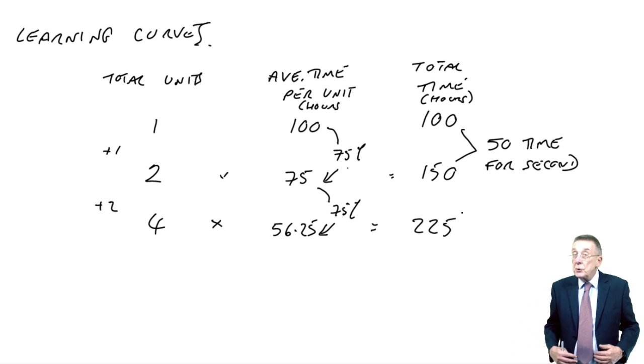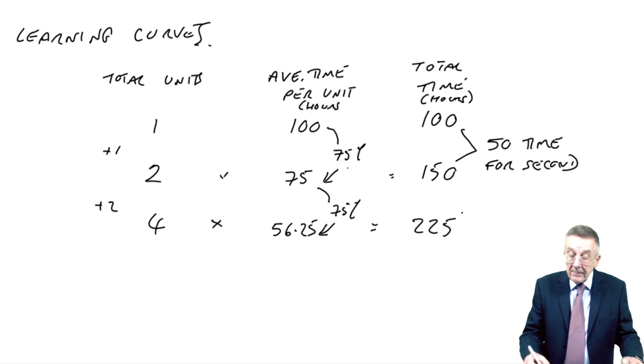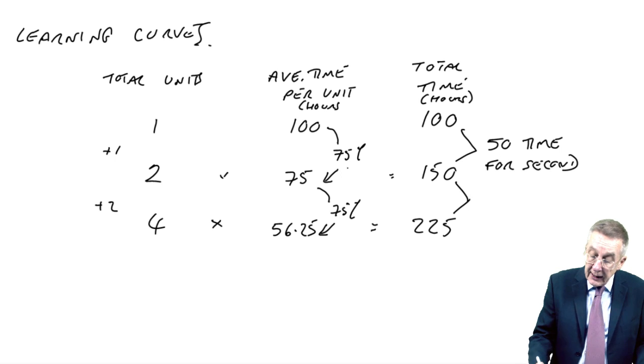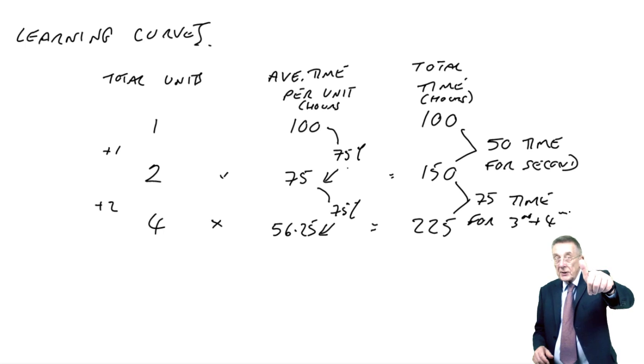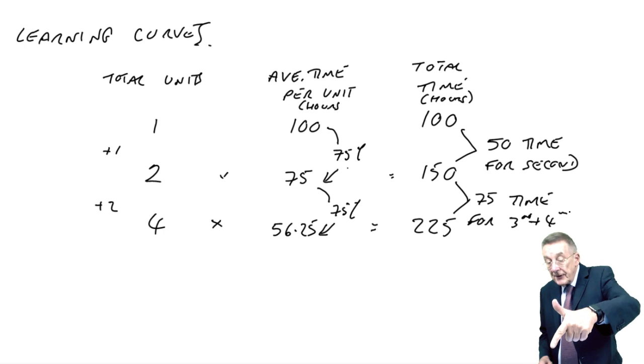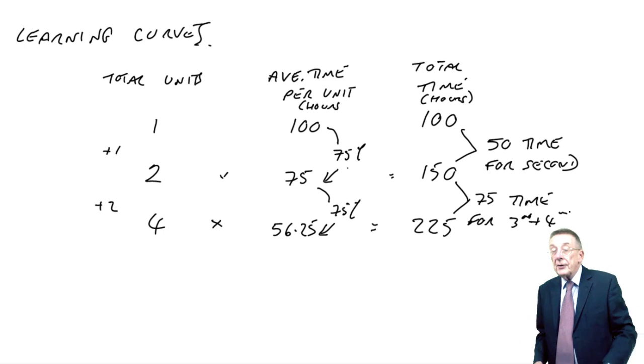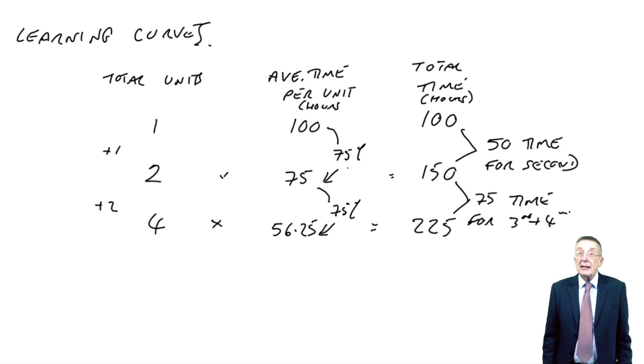If to make 4 takes 225 hours in total, well, the difference of 75 is the time for those next 2, for the third and the fourth together. So first one takes 100, second one takes 50, third and fourth together takes 75.